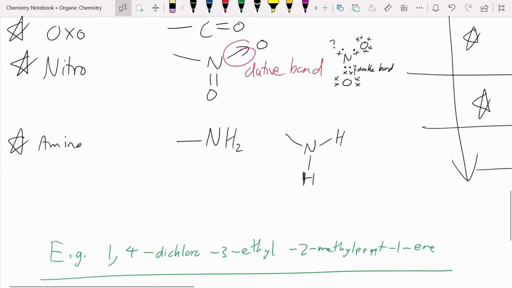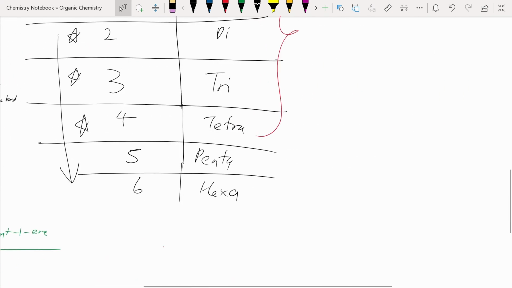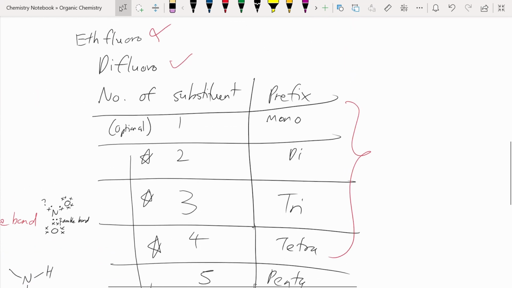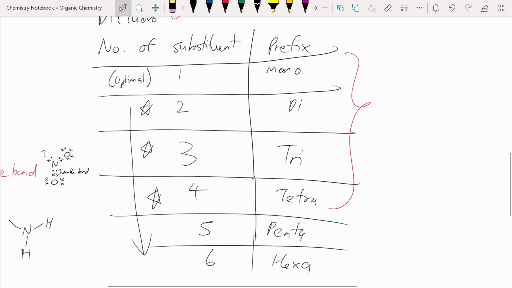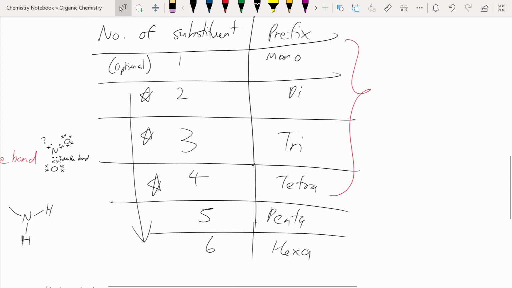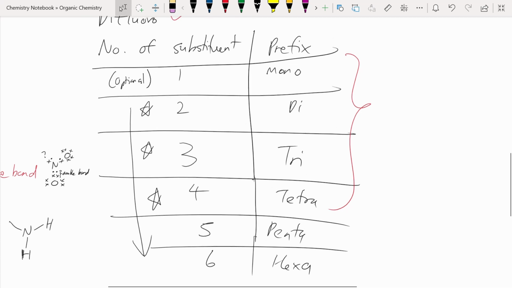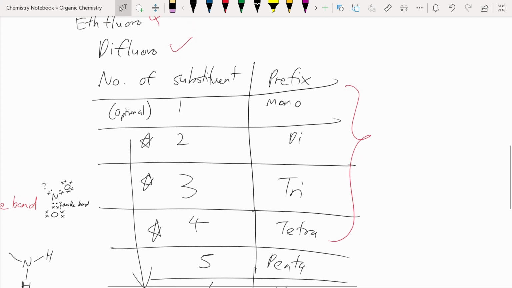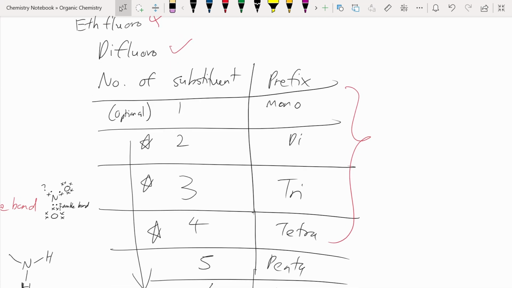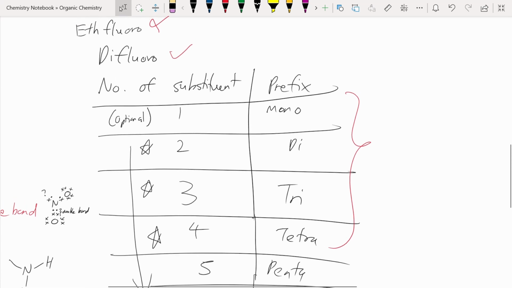Amino is NH2, and then one thing to note is that for number of substituents, there's a special numbering system. So if there's 2 fluorine atoms, you must name it difluoro. Trifluoro, tetrafluoro.